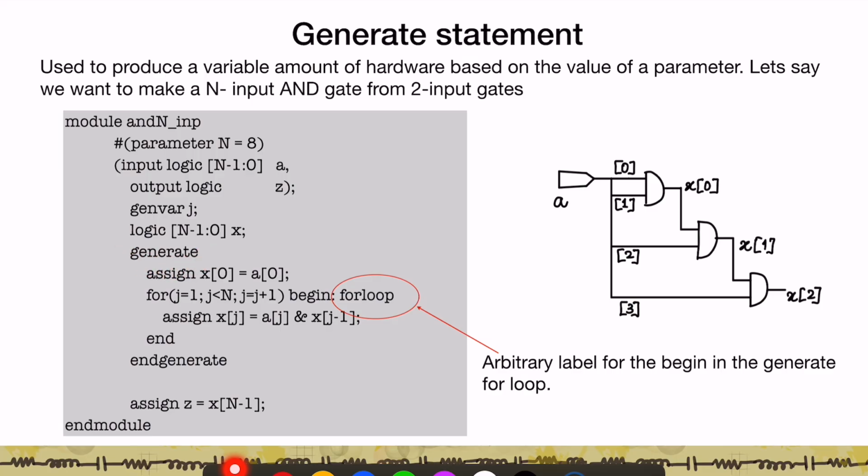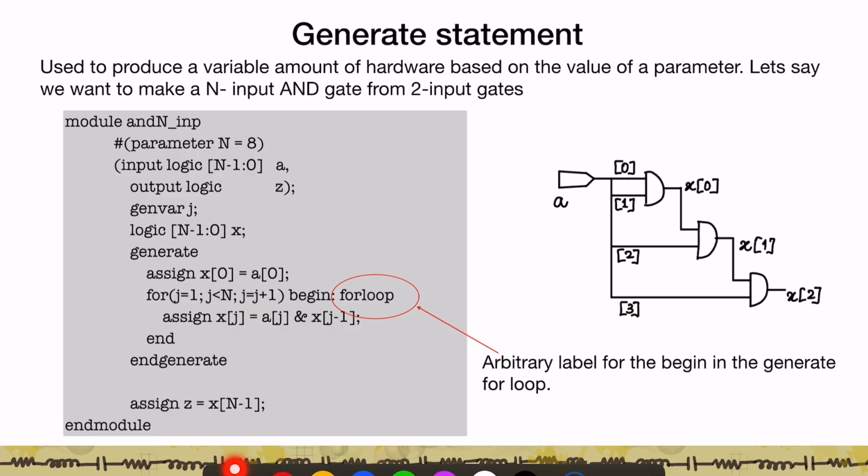First I assign the output of the first AND to be a of 0, and then I loop j, the genvar, from 1 to n, and in the for loop I assign x of j to be a of j ANDed with x of j minus 1. So I take the output of the previous AND gate, AND it with the next variable, and give the output to the output of the AND gate.